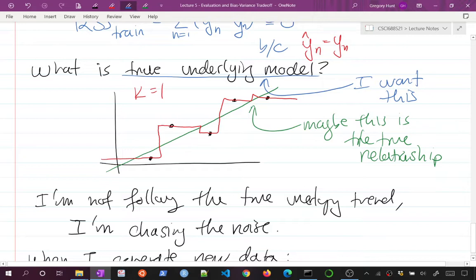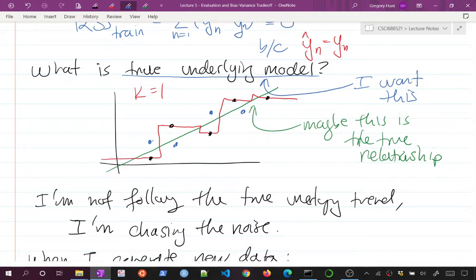Really, it's going to follow this green line, and maybe the new data set will look like this if I generate new data, right? And so now, which one of these is closer to my new generated data? I would say the green line does a better job at capturing that trend than this arbitrary red thing that zigzags all over the place, which is not really capturing the true fundamental data generating process. It's just capturing the noise of the particular data set, which I don't really want to capture.